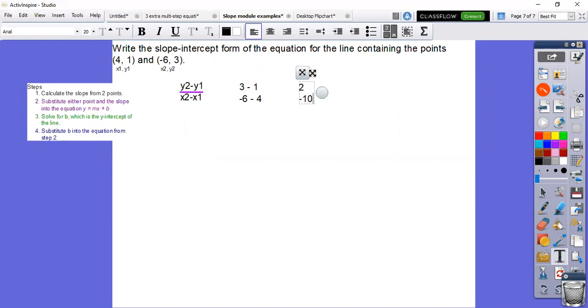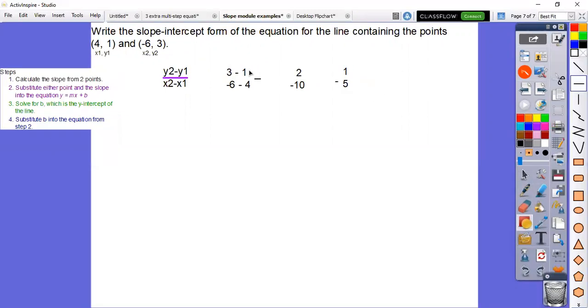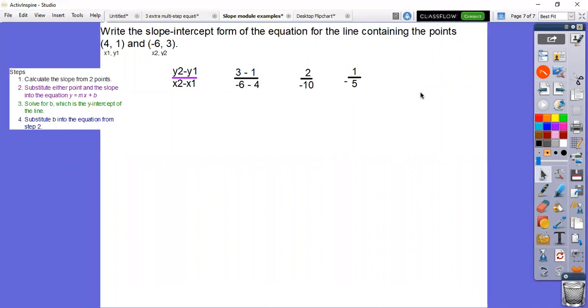Negative 6 minus 4 is negative 10. So I have 2 over negative 10, which when I simplify, I get negative 1/5. And that's my slope.